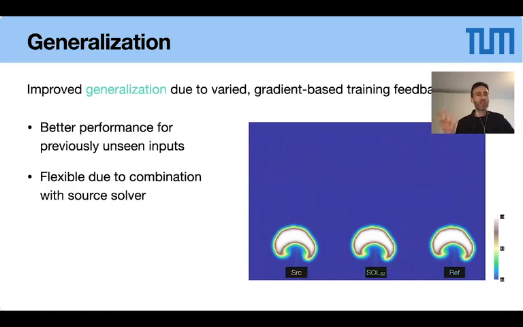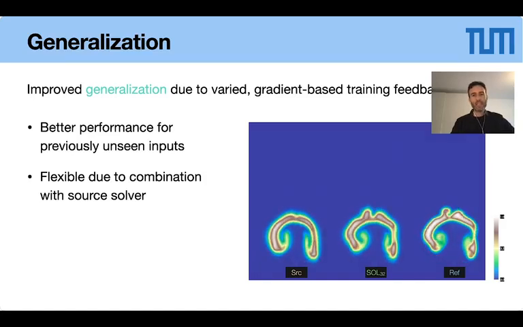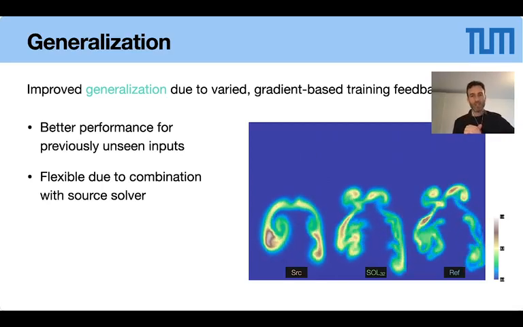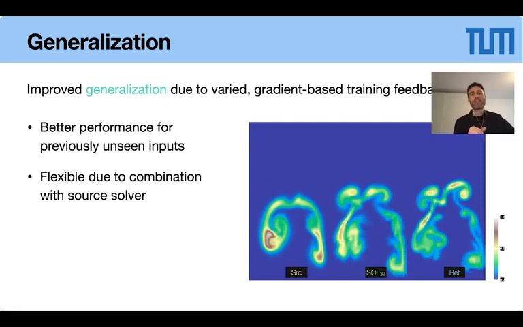The network really in this case learns how the source solver behaves and can adapt to different conditions, which typically gives a better generalization. So on the right here is an example from a buoyancy flow. Same setup, the source has a lower resolution, in this case also a lower order solver, a first order advection step instead of a second order one. And in this case, the middle hybrid version with a neural network actually typically had much better performance for new configurations of hot densities than a supervised version, for example.